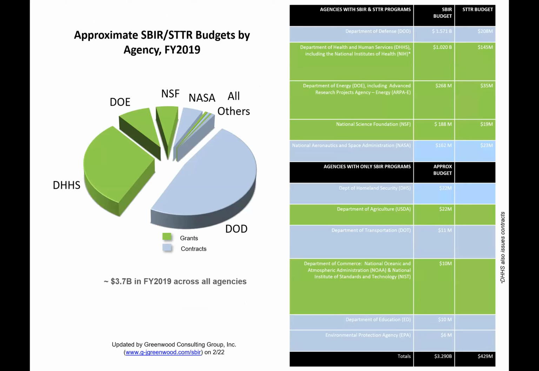DOD is by far the biggest agency in SBIR STTR, and it's a contract agency. It's all about problem solving for the military. Then you've got the Department of Health and Human Services, or as I usually refer to it, the National Institutes of Health, the Department of Energy, and then NSF is kind of the 4th largest agency in SBIR, and it, along with DOE and NIH, are grant agencies.